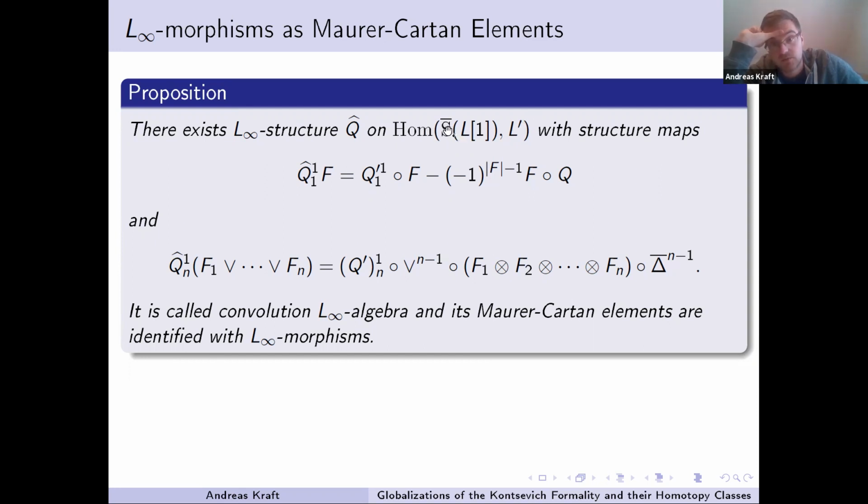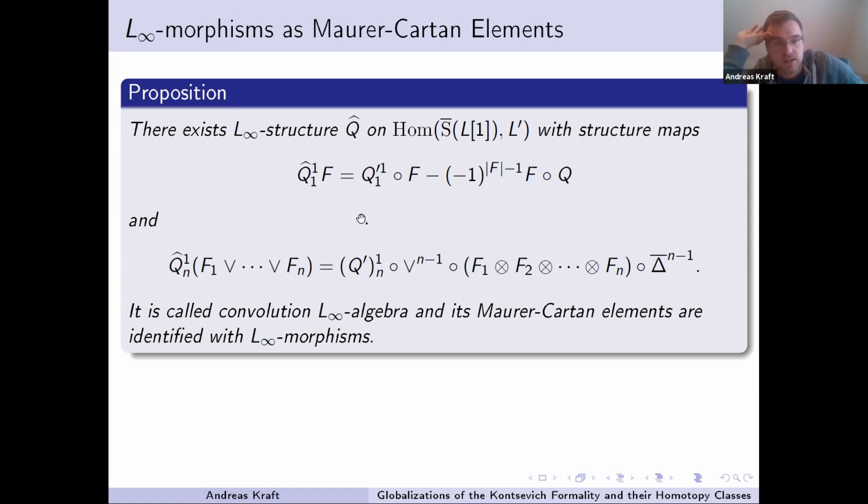So they are maps from the symmetric algebra of L shifted by 1 into L prime shifted by 1, like we saw for an L-infinity morphism. So the degree fits. And if it's of degree 1, we have no sign. One can check that the Maurer-Cartan equation is really just the same as saying Q prime F minus FQ is 0, so that it commutes with the codifferentials. And then we're done.